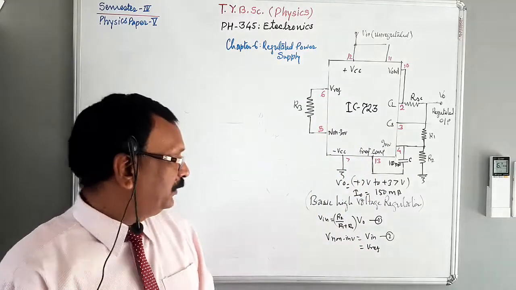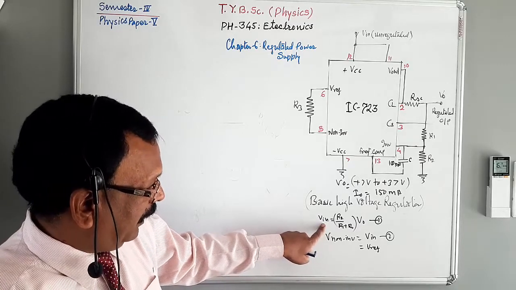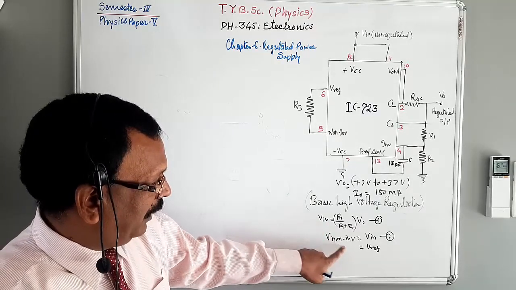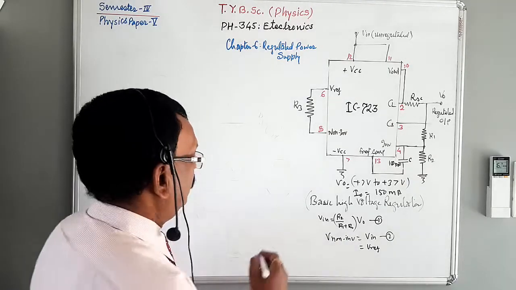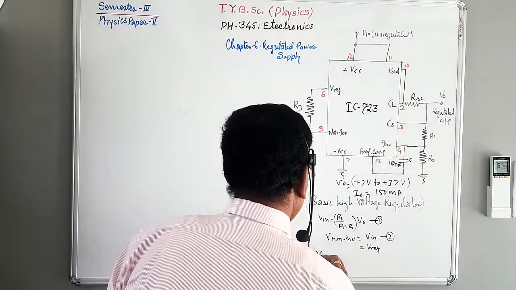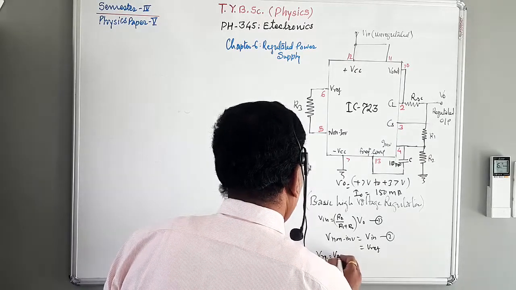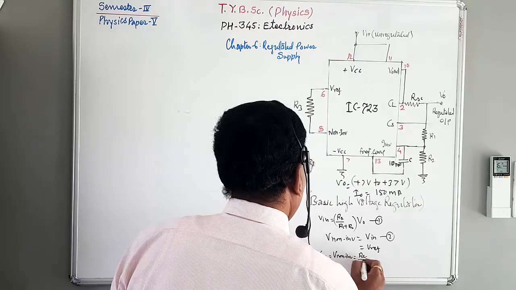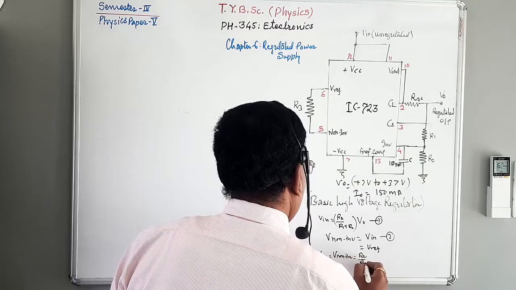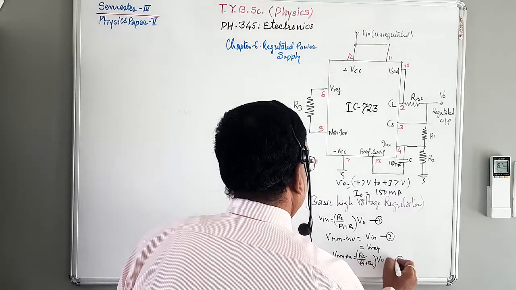So we can say that V inverting is equal to V non-inverting is equal to V reference. Therefore, we can write V reference is equal to R2 upon R1 plus R2 into V0. Suppose this is equation 3.